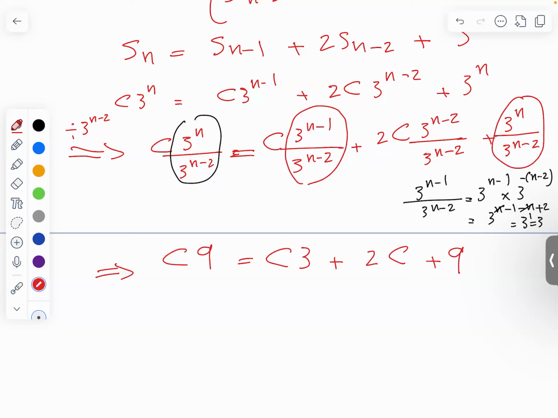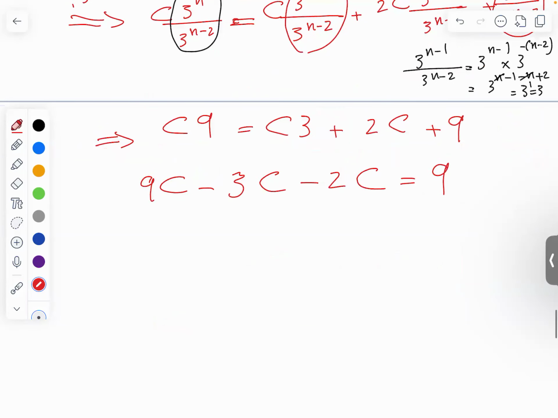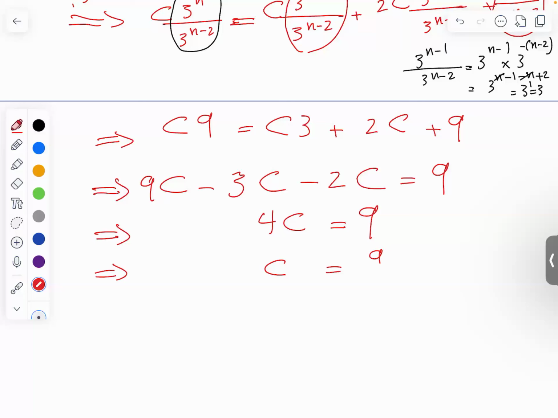So let's see, C9 or 9C minus 3C minus 2C equals 9. 4C equals 9. C equals 9 over 4.